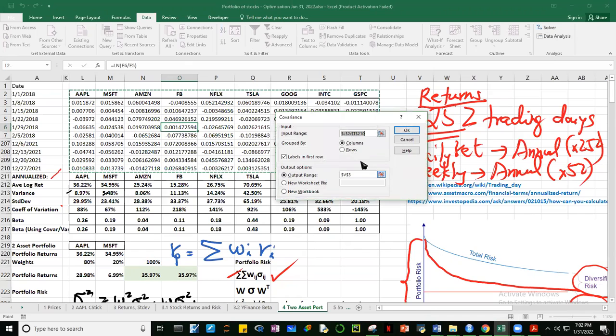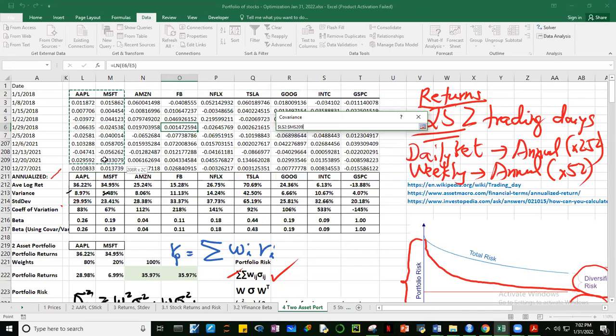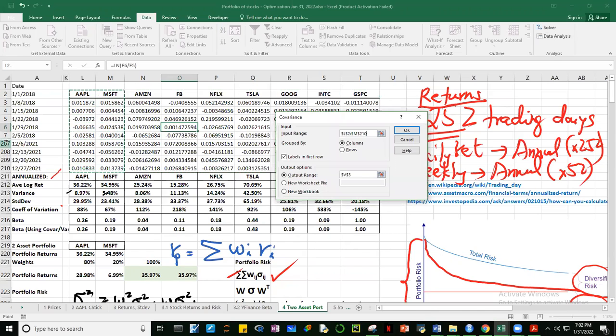Okay. All right. Input range natin dito will be L hanggang M lang. Okay. Take note guys, naka-hide yung data natin. No? Pero kung titingnan natin L2 hanggang M10. Okay. Sama naman lahat. No? Okay. And then group by columns, labels in the first row. Okay.